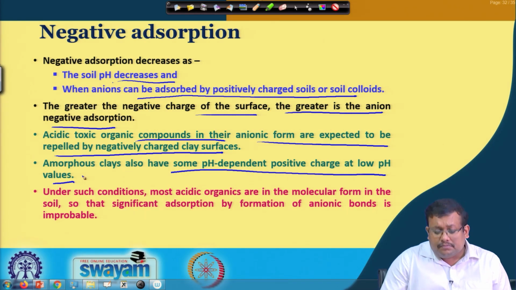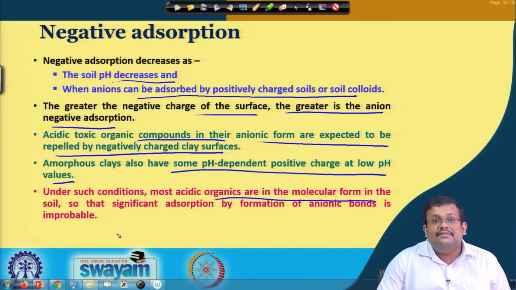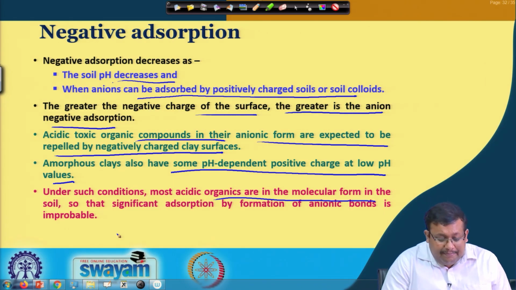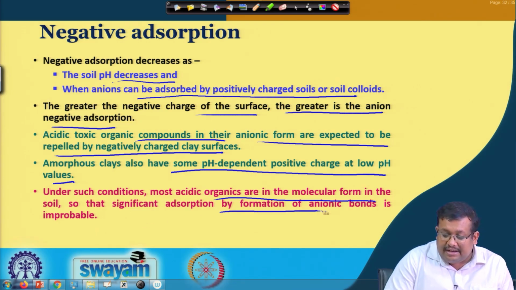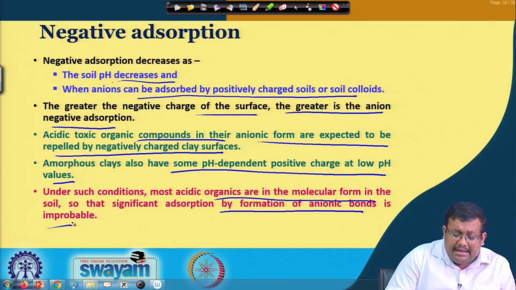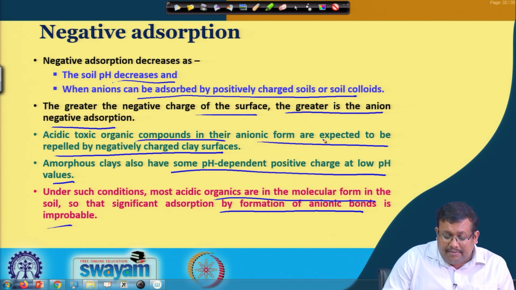Under such conditions, most acidic organics are in the molecular form in the soil, so that significant adsorption by formation of anionic bond is improbable, because we have seen that acidic toxic organic compounds in their anionic forms are repelled by negatively charged clay surfaces.